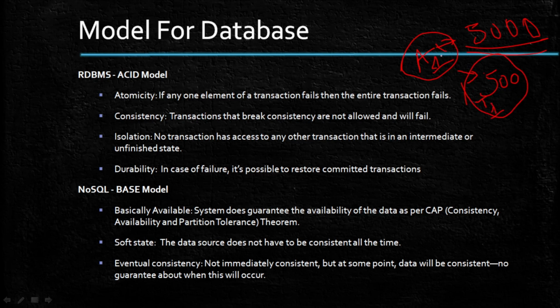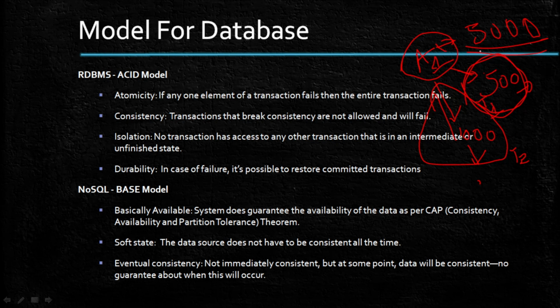And I want to do another transaction of 1000 rupees to my friend. Here isolation is telling us that if any transaction is going on at the same time, another cannot be used. That means it should not allow the second transaction at T2. Once this transaction is completed, only then should it allow the next.